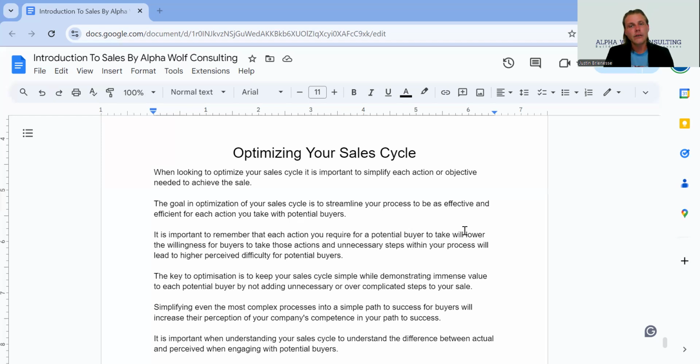So when we're optimizing our sales process, generally we want to have about 6 to 12 months of data on operations before we really try and do large organizational sales cycle optimization.